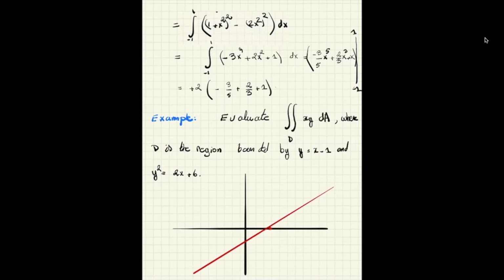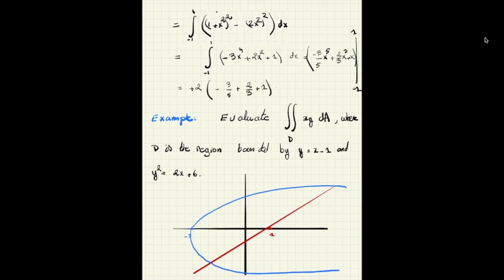And then we have a parabola again, which goes from -3. This is -3, and this is 1, something like that, right?